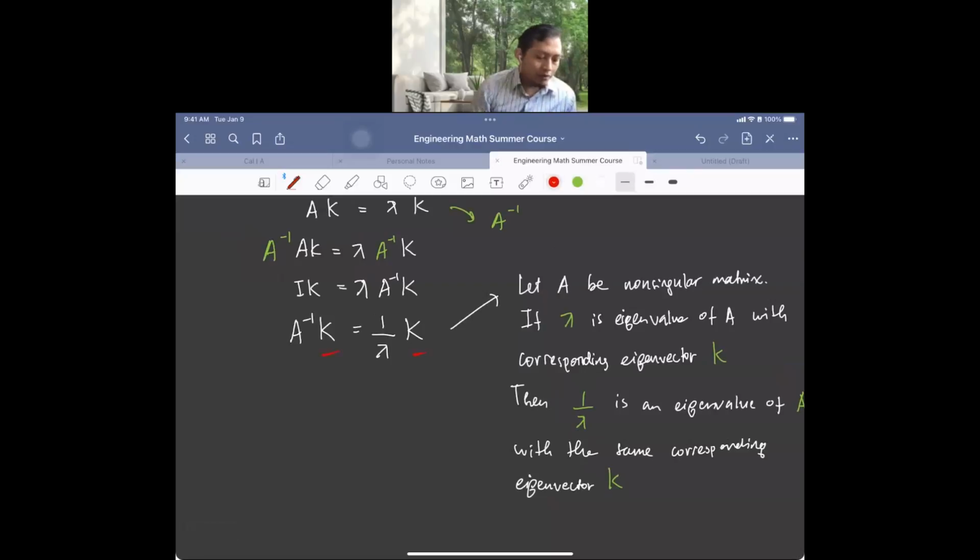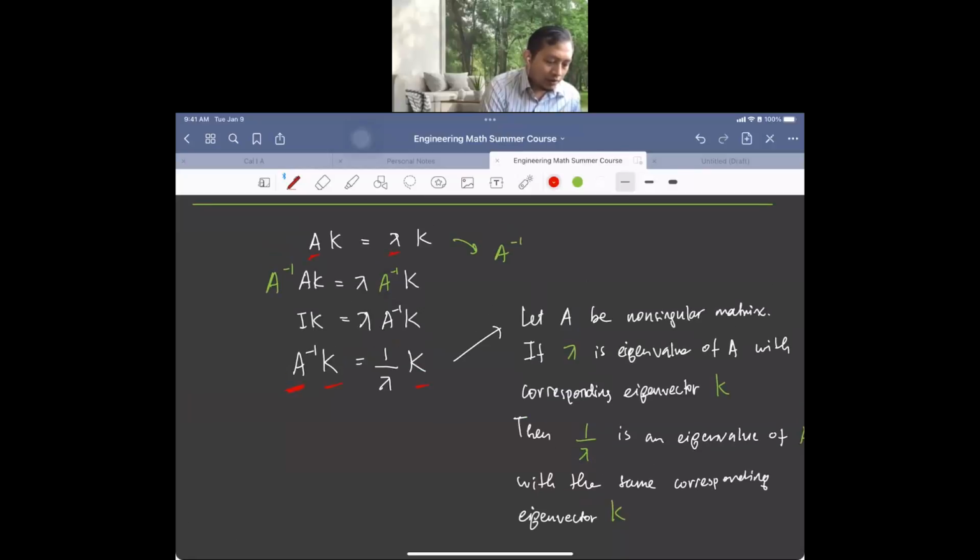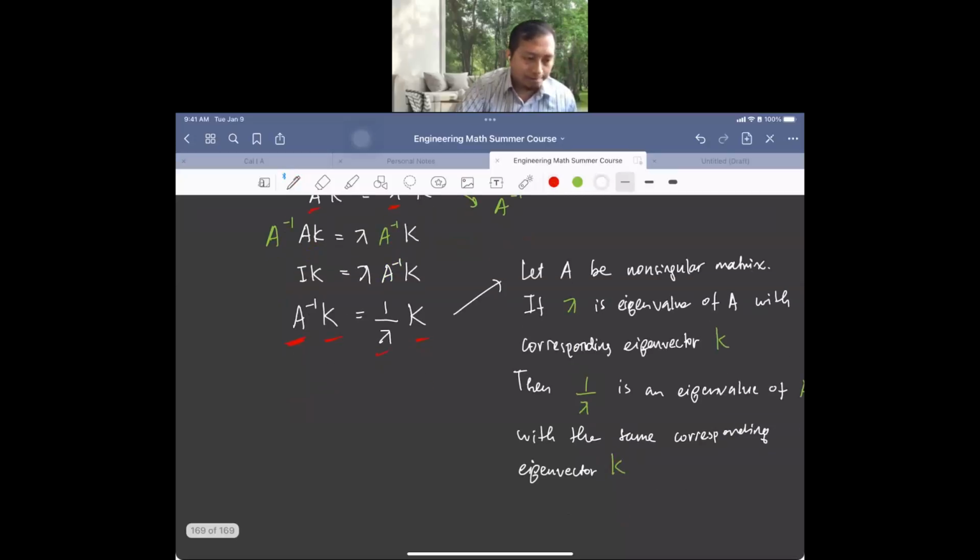If you see here, nothing changes with this k, but when it becomes A inverse, it becomes 1 over lambda. When it's just A, it's lambda, but when we have A inverse, it becomes 1 over lambda.